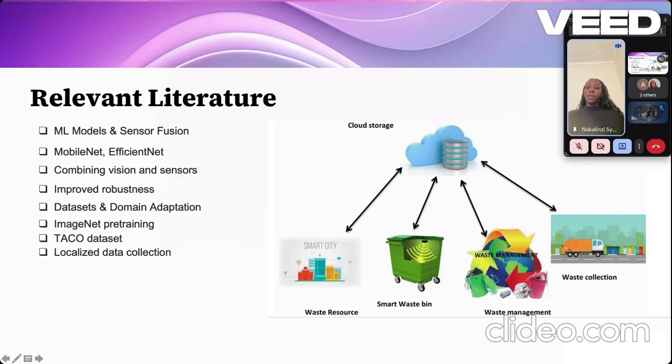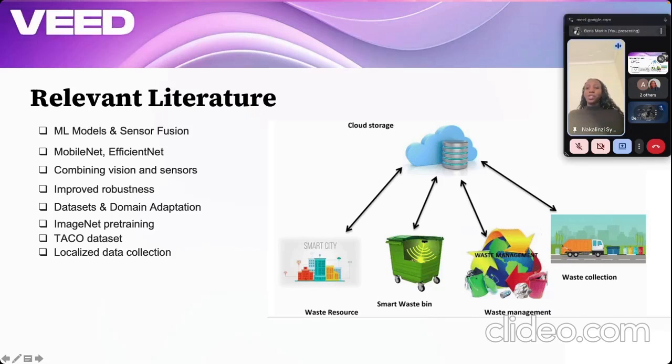Then the improved robustness, where it is a robust system to cater for different types of trash and datasets, and domain adaptation, ImageNet pre-training, where we shall train the models on different images to determine which ones are biodegradable and which ones are non-biodegradable.